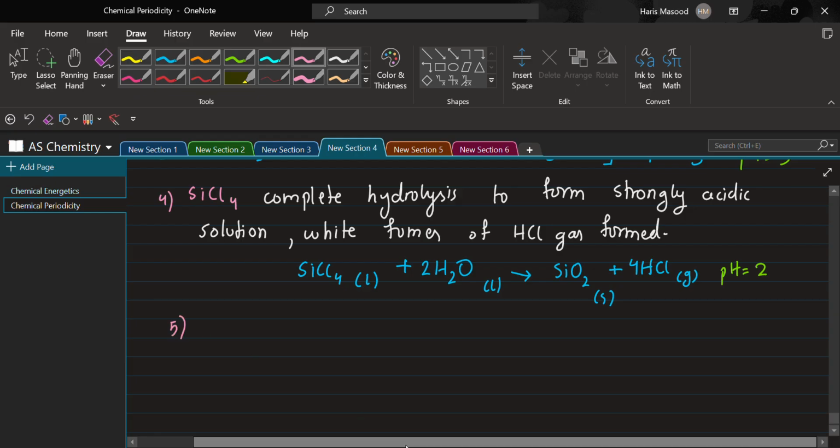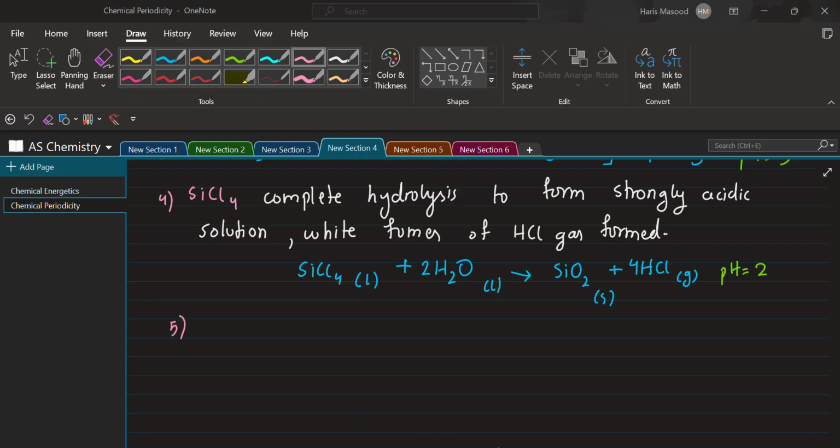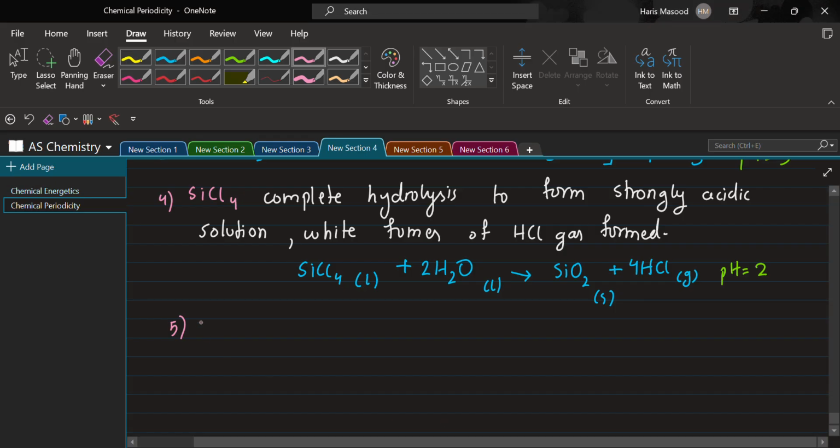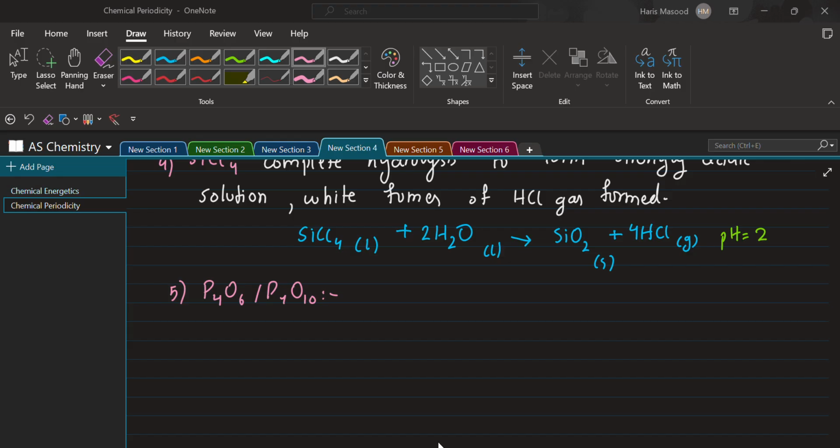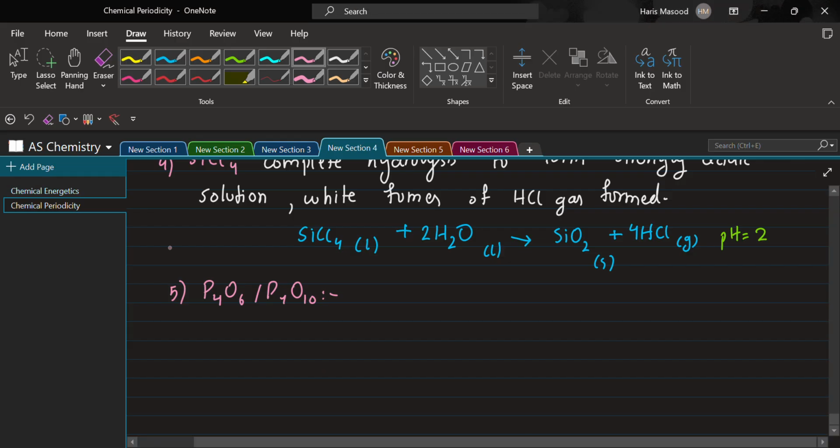Then we finally have phosphorus, three and five.